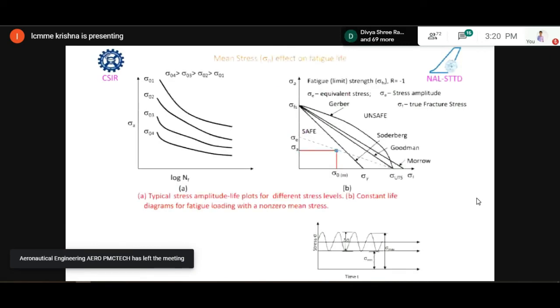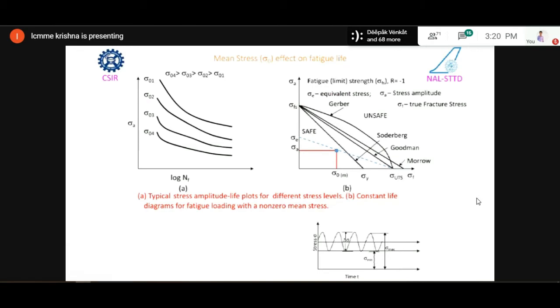So coming to the mean stress effect on the fatigue life. These are the various curves of stress versus life, showing the typical stress amplitude life plots and the constant life diagrams for fatigue loading with non-zero mean stress effect. We can see here the safe area and unsafe area, where we have the Soderberg, Goodman, Gerber, and then Morrow.